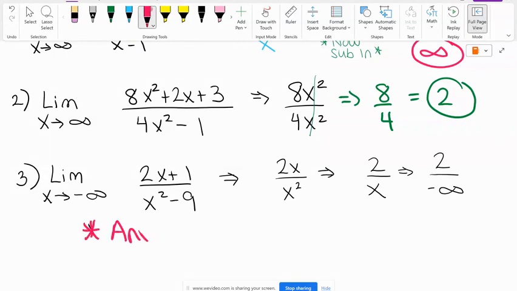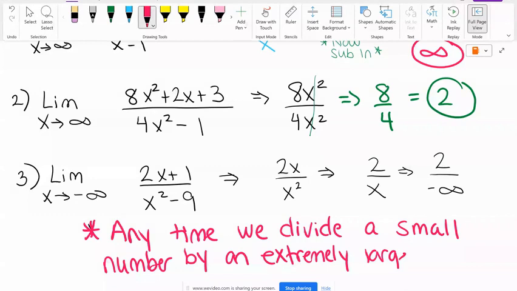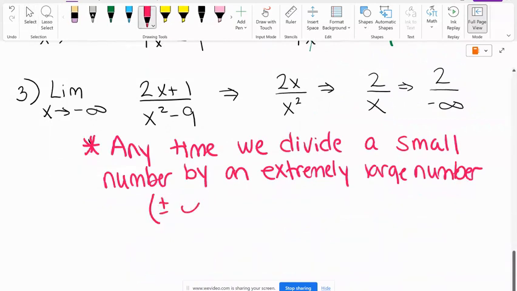Anytime we divide a small number by an extremely large number, I'm going to put in parentheses plus or minus infinity, we will be approaching 0.